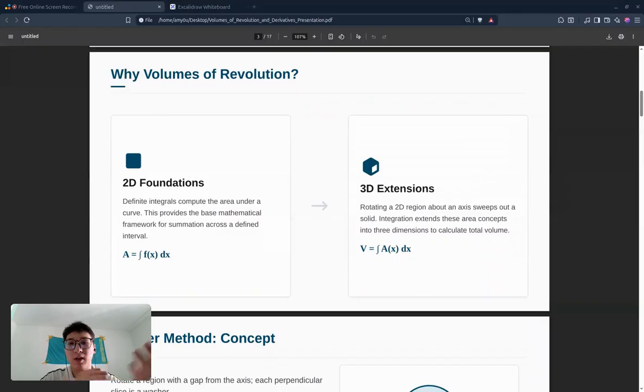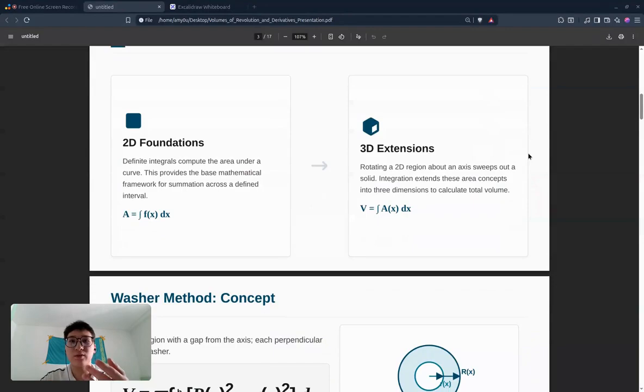We can imagine a potter shaping a vase on a spinning wheel or a piece of wood on a lathe. The whole 3D shape comes from spinning a flat outline around the central axis. And the integral helps us to find this volume. And mainly there are two ways to do it.